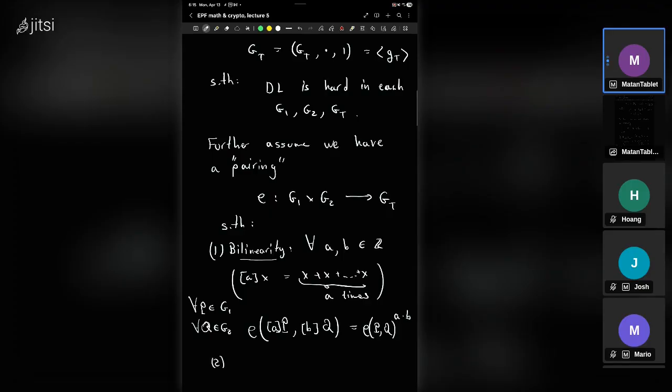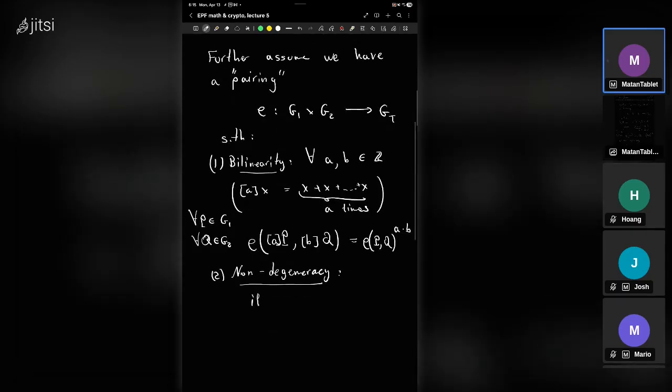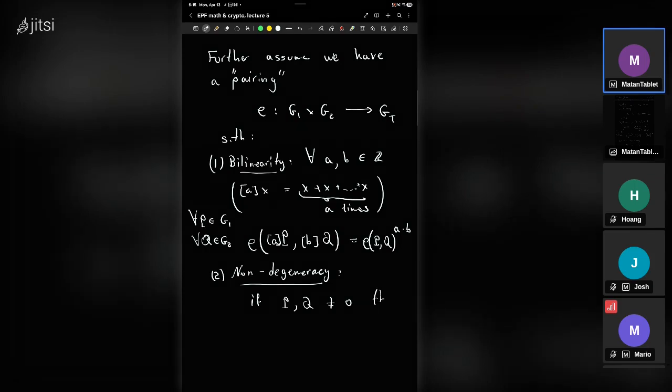The second property is non-degeneracy. And this means that if P and Q are not the zero element in their respective group, then e of P and Q is not the neutral element in the target group, GT.